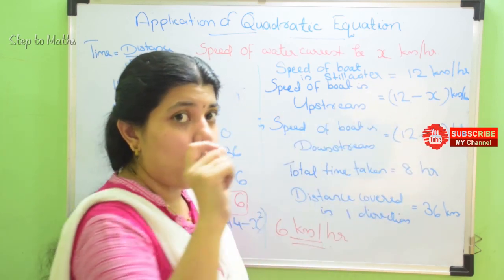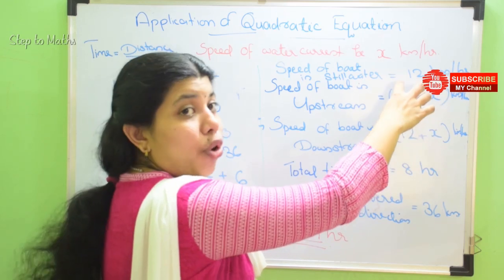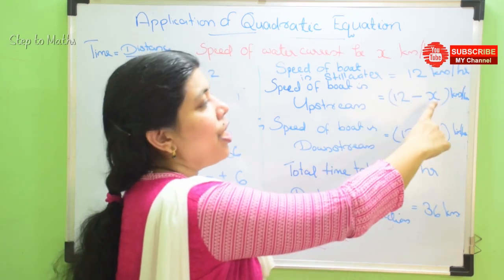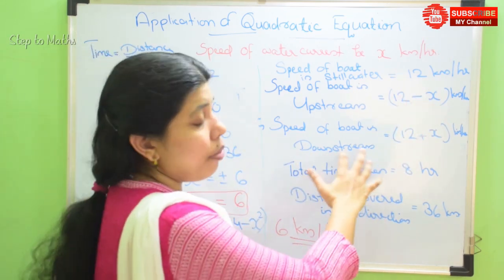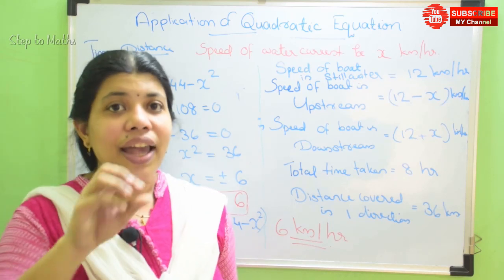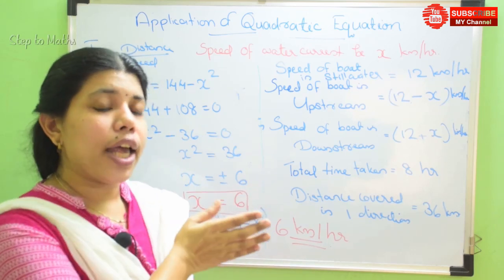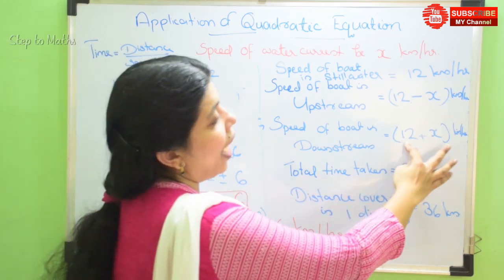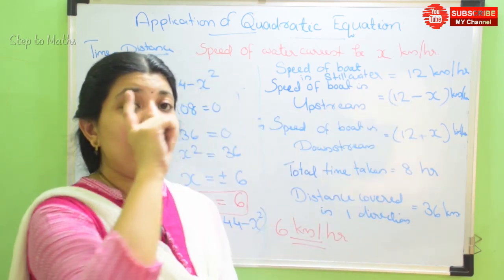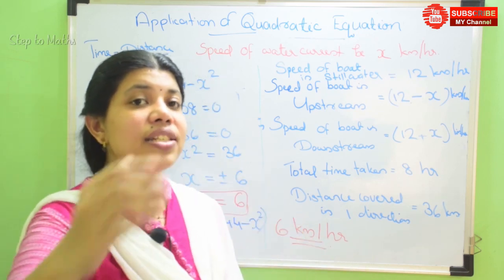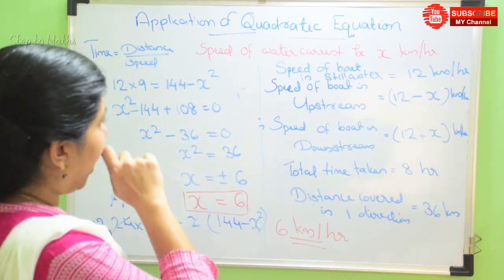Downstream means the boat and stream are in the same direction, so we add their speeds, and in the case of upstream, the boat and stream are in opposite directions, so we subtract their speeds.